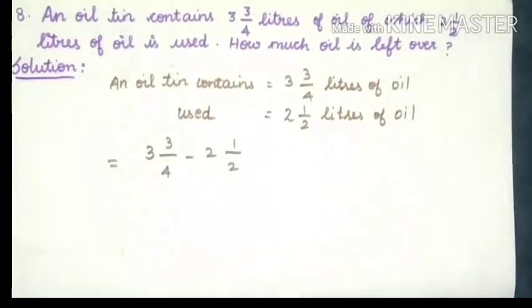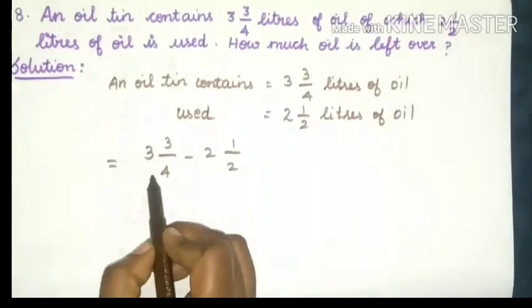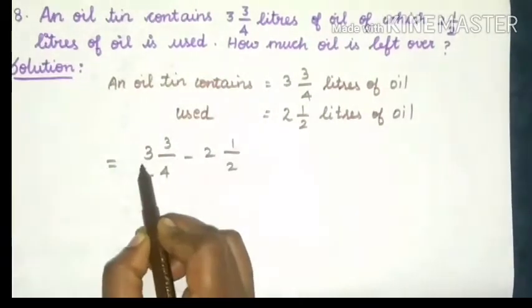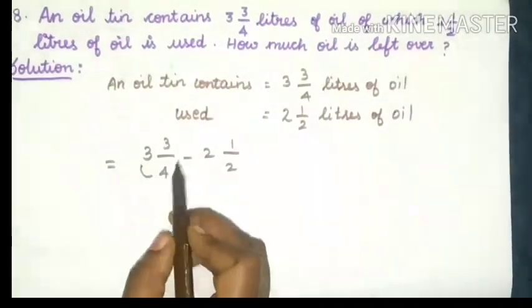Here we have the mixed fraction. So you have to change this mixed fraction into improper fraction. That is, 4 3s are 12, 12 plus 3 is 15.